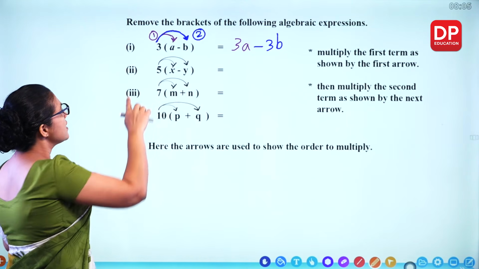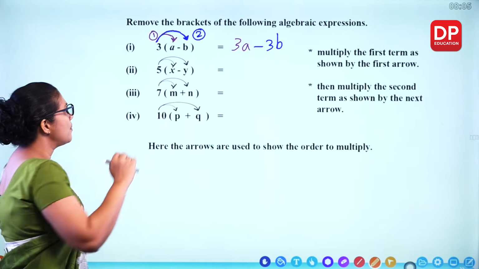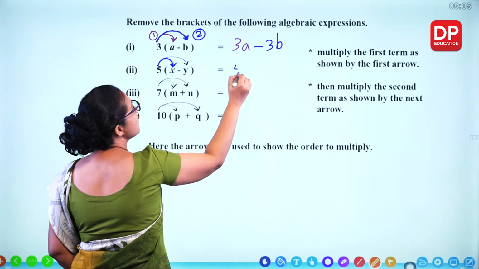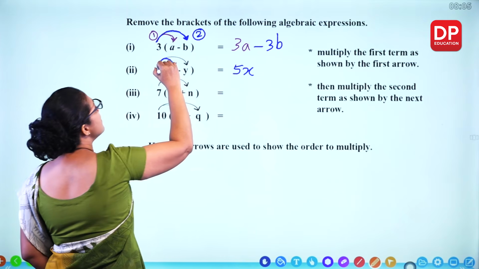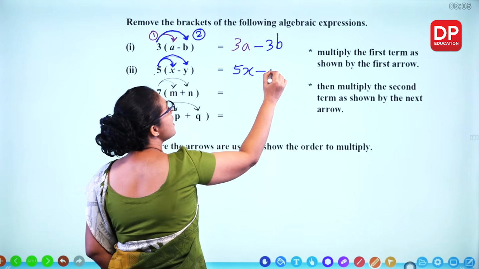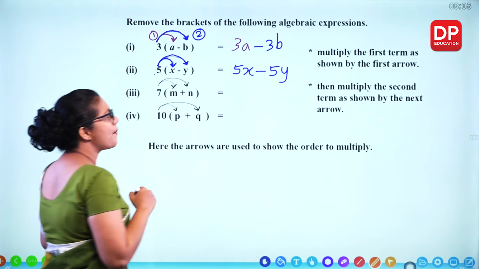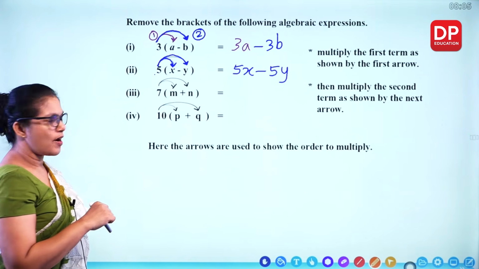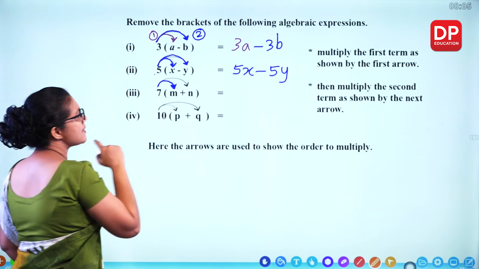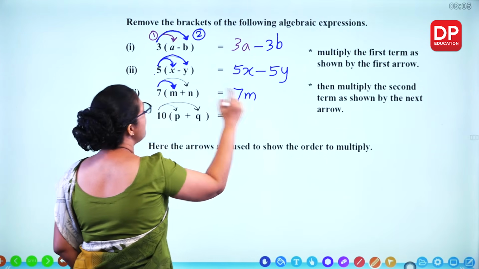Now we'll follow that, multiply and give me the answer. This one with this, you get 5x. This one with this, 5 times minus y, minus 5y. Now try first this one. 7 times m, 7m.